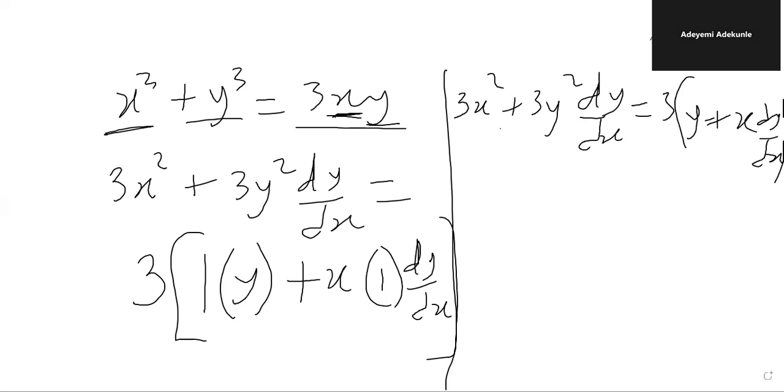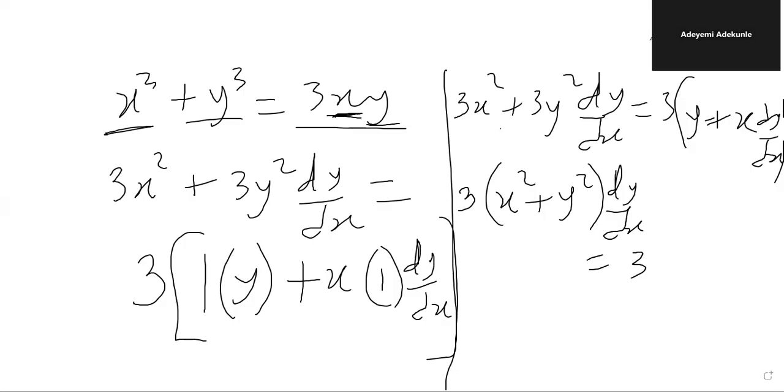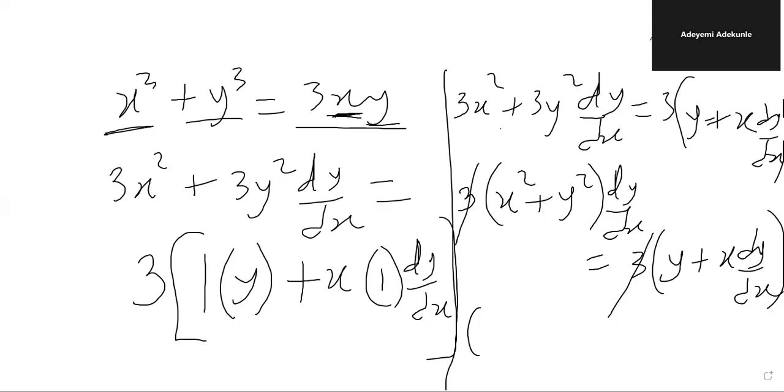So from here now, something is common here. 3 is common here. I can say 3 into x squared plus y squared to make the work easier, equals 3 into bracket of y plus x dy over dx. So 3 can cancel 3. We are now left with, sorry, this bracket should be covering this. You have to be very, very careful with bracket.